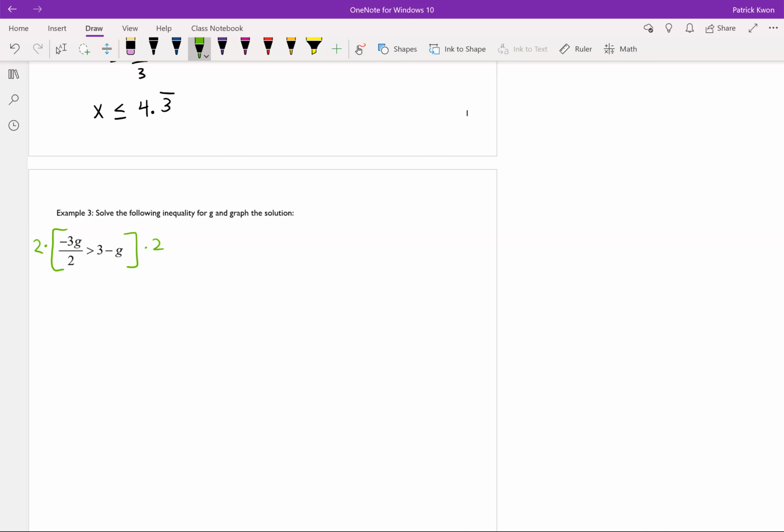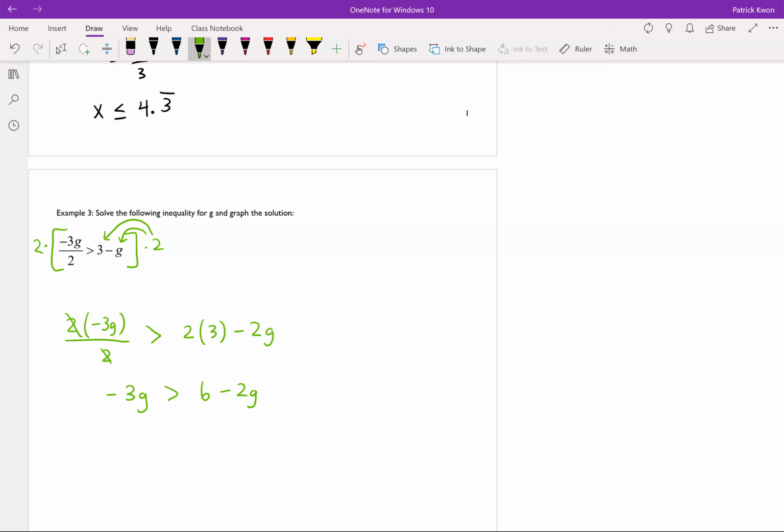And so if I do that, then I get 2 times negative 3g over 2 is greater than 2 times 3 minus 2g, because I'm distributing that to both terms. So these 2's will divide out. So I'm going to have negative 3g is greater than 6 minus 2g.